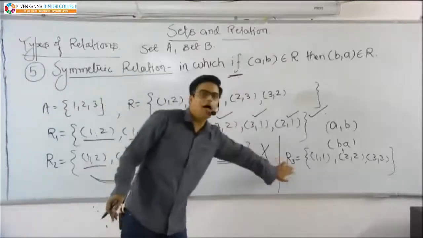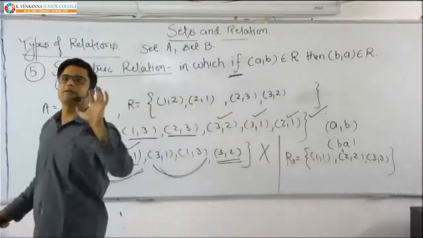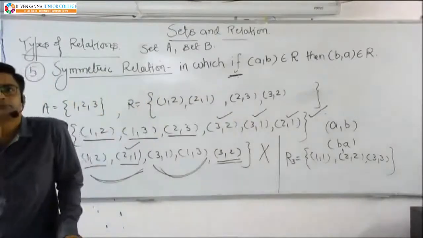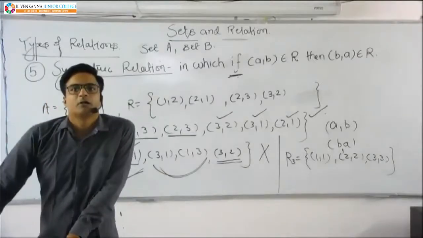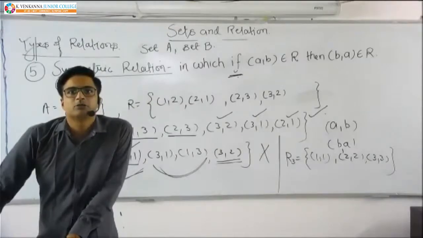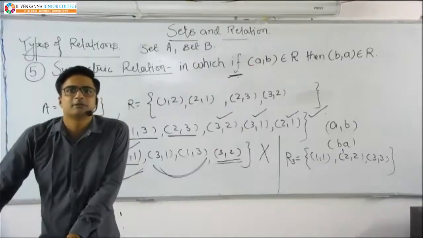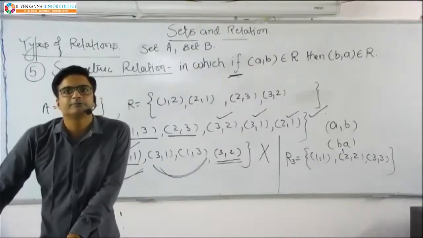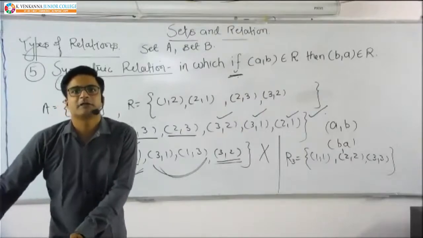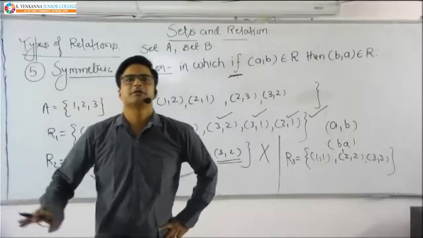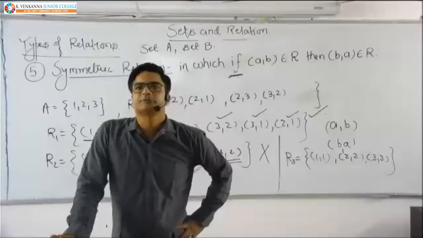Now, tell me whether R3 is a symmetric relation or not. Anok says no, Vaini says no, Chatuteja says yes, Deepak says yes. Yes, no, 50-50. Which one is it? Santosh says yes, Deepak says yes.